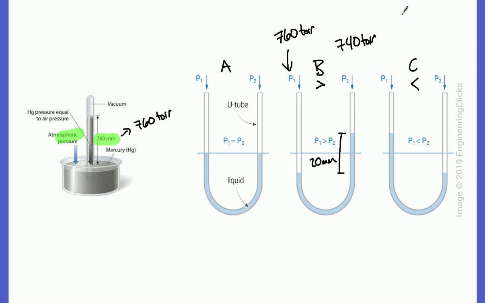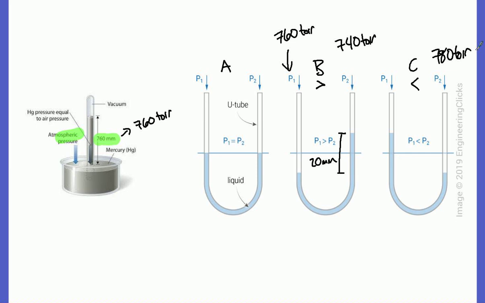As long as I measure that in millimeters, I can just subtract and get a new pressure for pressure 2. Whereas in situation C, if pressure 1 is still 760, then pressure 2 has to be bigger than 760, so I'm going to add to 760. If I measured that difference and it was still 20, pressure 2 in that situation is going to be 780 torr instead.